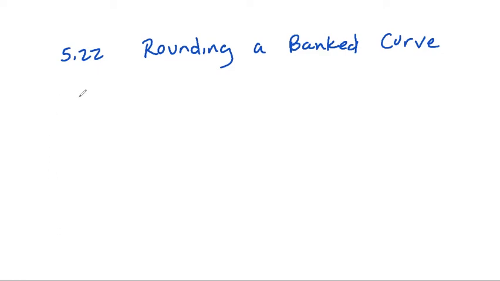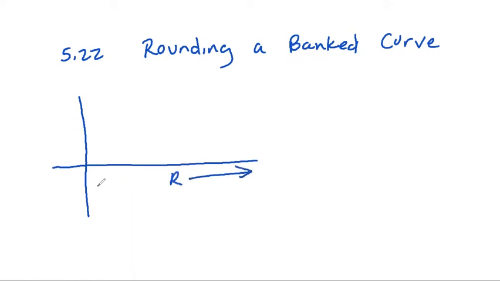Okay, so let's do this. We've got the vertical, we've got R here, and we're going to bank this guy here. I guess that's the curve right here, this beta, and that will be this angle.